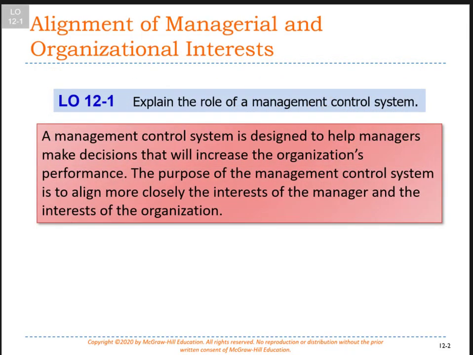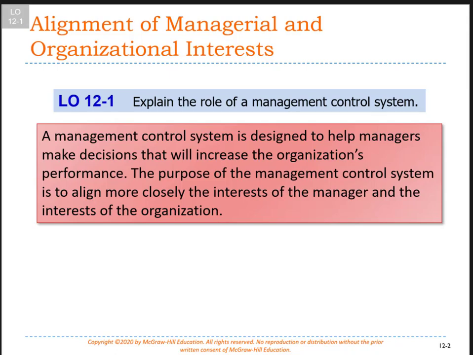So we have decisions to make. We need some information to do that. And the idea is we want our employees to have the same goals as the organization.